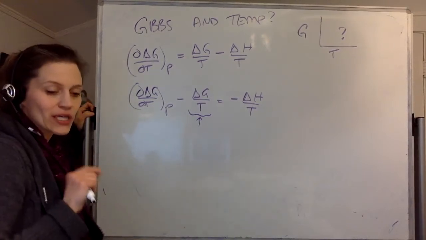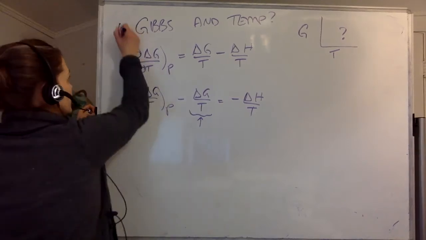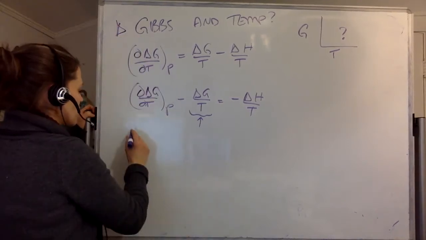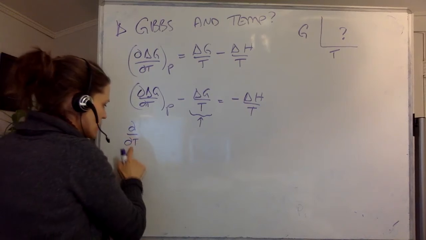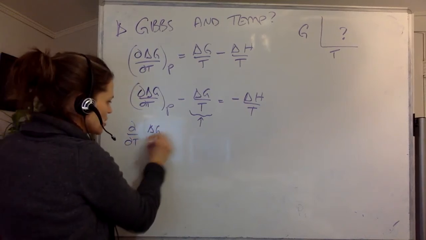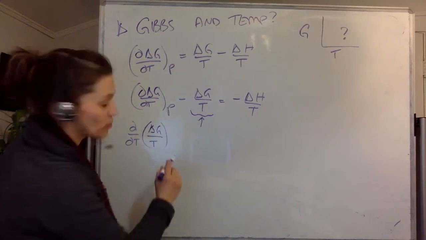But the goal is to look at how does delta G change with temperature. So I want to know how much does the temperature affect delta G with respect to T at constant pressure.